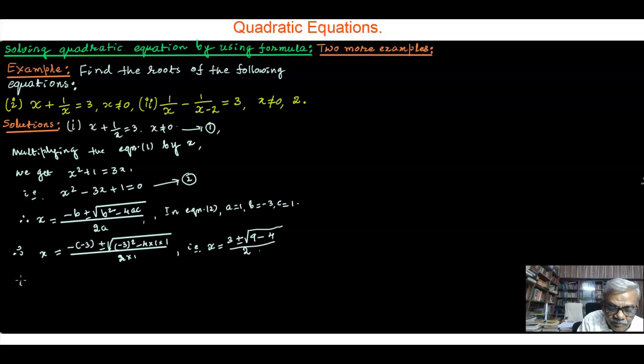That is x is equal to 3 plus or minus root of 5 by 2.